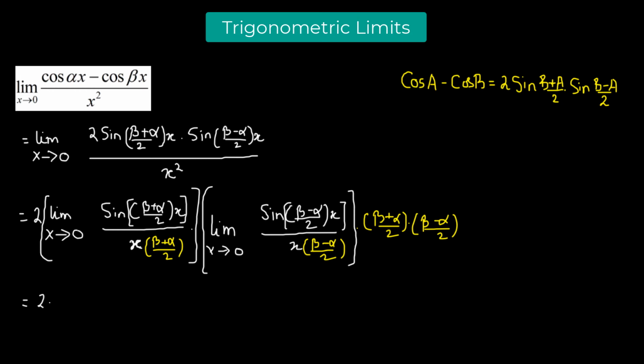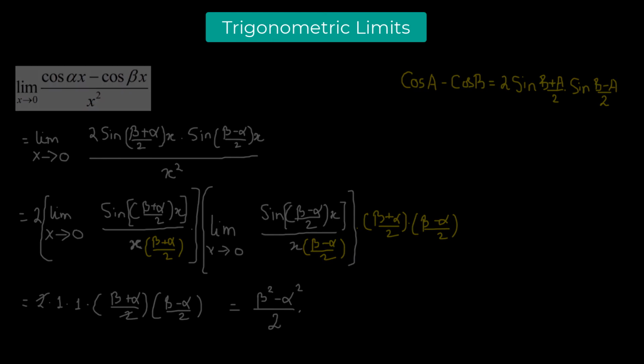So that gives us 2 times 1 times 1 times (beta plus alpha) over 2 multiplied by (beta minus alpha) over 2. We can cancel one of the twos from the numerator and the denominator. That leaves us with the product of (beta plus alpha) and (beta minus alpha), which can be rewritten as (beta squared minus alpha squared) over 2. So this is the limiting value of the given function, cosine of alpha x minus cosine of beta x over x squared, when x approaches 0.